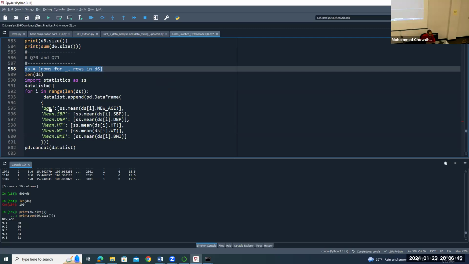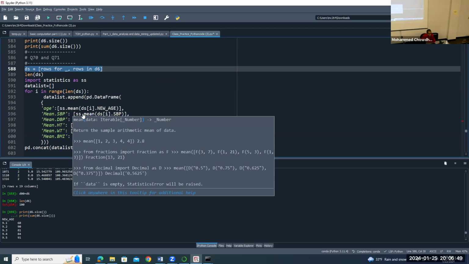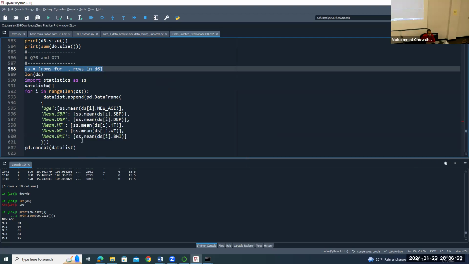After finding this, I am finding the age and finding the SS dot mean. SS stands for statistics, so the statistics mean is found. And are you seeing DS? i equal to 1 means take the data corresponding to age 9.1. i equal to 2, take the data corresponding to age 9.2. i equal to 100, take the data corresponding to age 19.